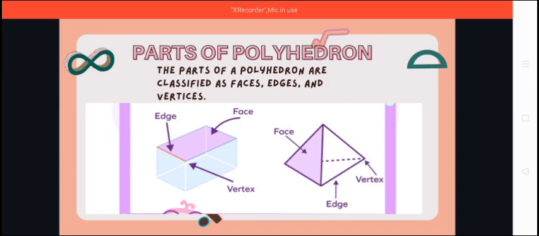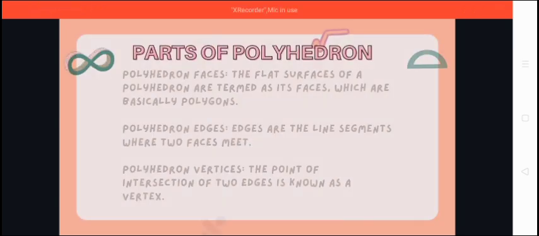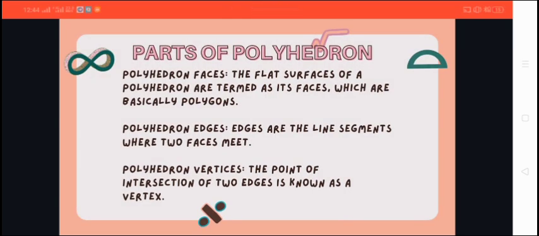So the parts of a polyhedron are classified as faces, edges, and vertices. I provided the figure here so you can see clearly where the edge, the face, and the vertex are. To dig deeper, we can read their definitions.